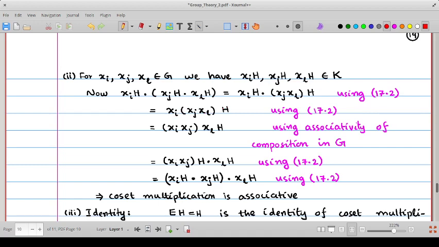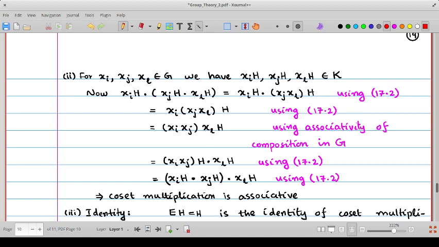But because Xi, Xj and Xl are elements of the group, and the group multiplication is associative, we can use that property and write this as: take the product of these two first and then take the product with Xl. So that will be XiXj times XlH.